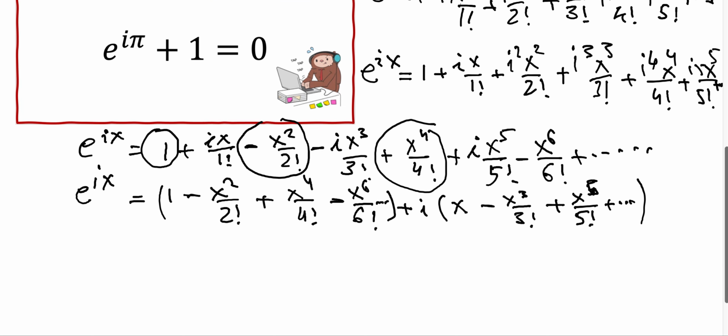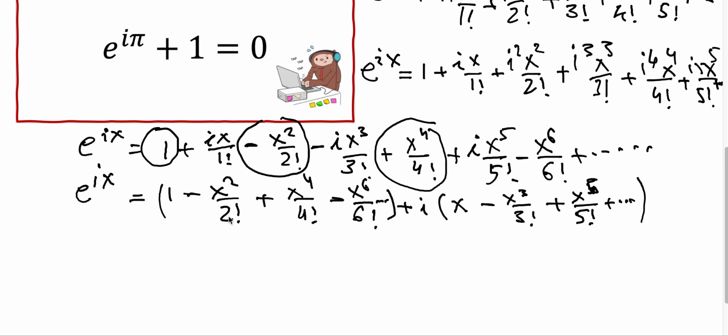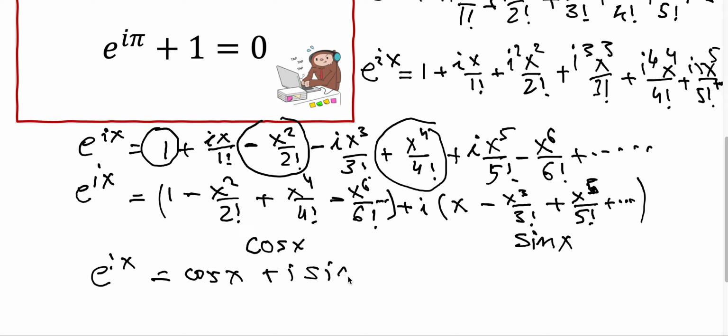And what do we have now? We have this situation. But if we look at this power series, we can write it as cosine x. And this one we can write as sine x. And e to the ix we can write as cosine x plus i sine x.